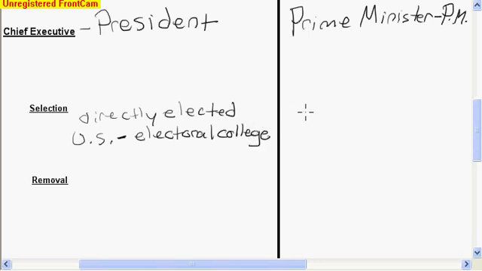Now, moving over to the parliamentary side, the prime minister, only the legislative branch is directly elected. Once the legislative branch has their elections, they actually will then choose the prime minister.